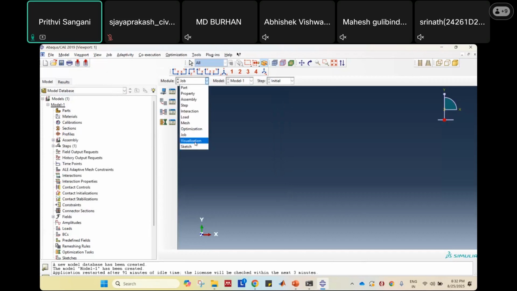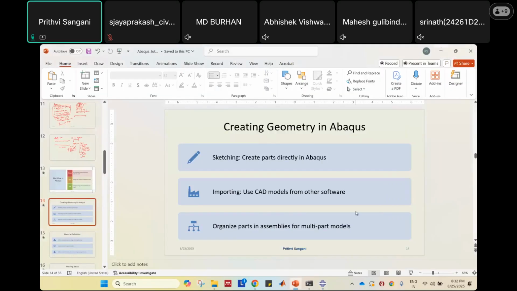I think you are able to relate this to STAAD.Pro. In STAAD.Pro also, once your model is done, there will be some run option somewhere here, and you'll press that run option. The analysis will be done. You'll get a pop-up saying that the analysis is over. Then you'll go to visualization or post processing, where it is called post processing, and then you'll see what the results of your analysis are.